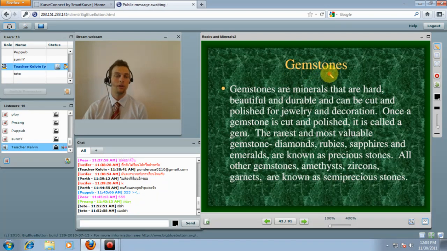They're usually really hard and very durable. It usually takes a long time for them to be processed and created by the earth, and they're very, very rare. Basically what happens is they're removed from the earth. Other parts of the mineral that may not be as beautiful are removed in some way. They're cut and polished, and that's what a gem is.